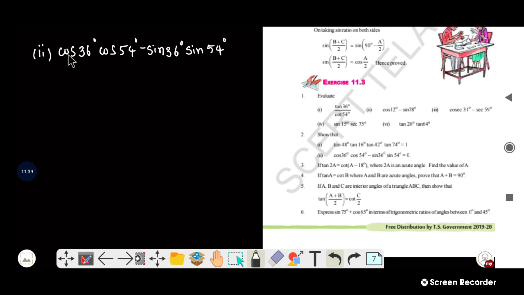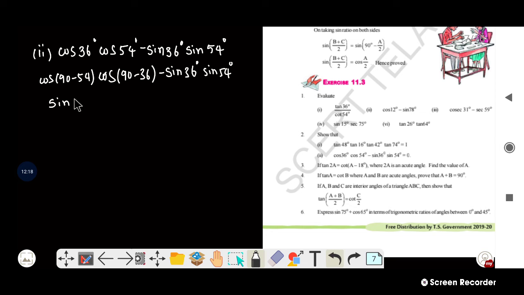Here shall I write that cos 36 means cos (90 minus 54), and cos 54 means cos (90 minus 36), minus sin 36 as it is, sin 54 as it is. So cos (90 minus theta) means sin theta, is it right?